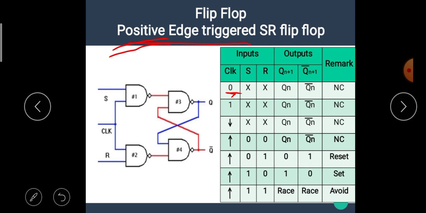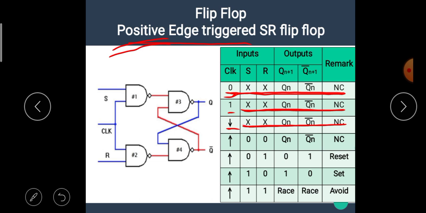That means if the low of the clock arrives, there is no change for the clock 0. Similarly, for clock equal to 1, there are no changes. Similarly, when the falling edge arrives, this is the symbol of falling edge, there is also no change.